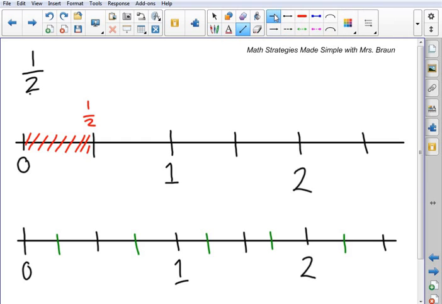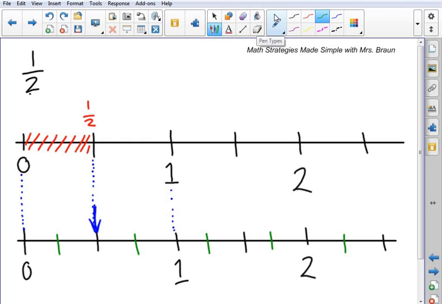And now what I need to do is look and see what fraction is represented right here, because that's what lines up. You see my 0s line up and my 1s line up, but I'm looking at right here, what does this fraction represent? And so I can find that out by looking at how many equal pieces there are of the whole.